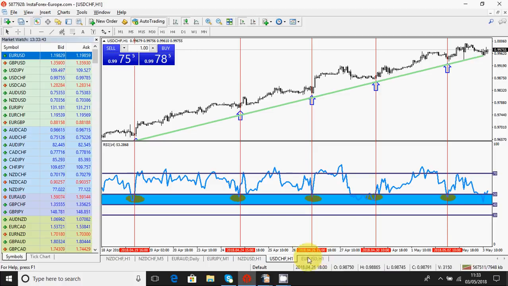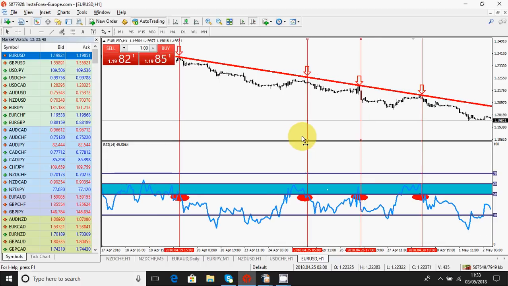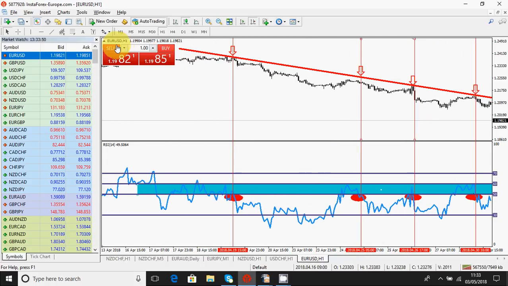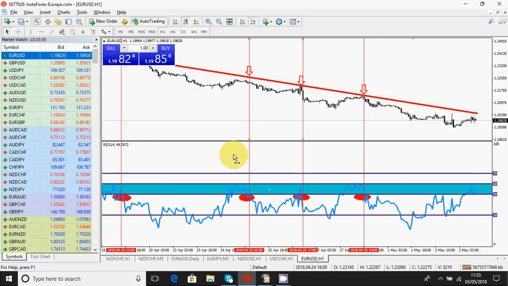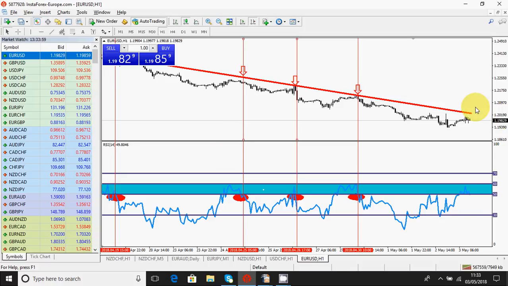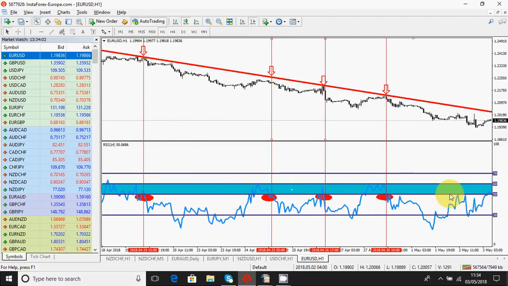Okay, now let's look at the bearish trade as well. This trade is EUR/USD. Also, it's a 1 hour chart. As you can see, we have been in a downtrend for almost 2 weeks as well, and this is our current price. In a downtrend, RSI between 50 and 60 will be the resistance zone.